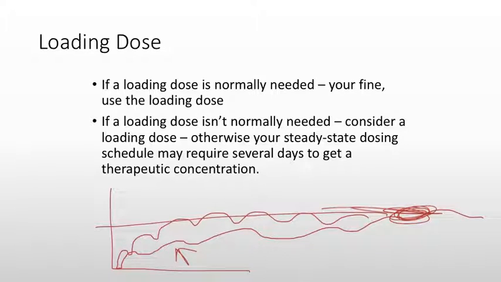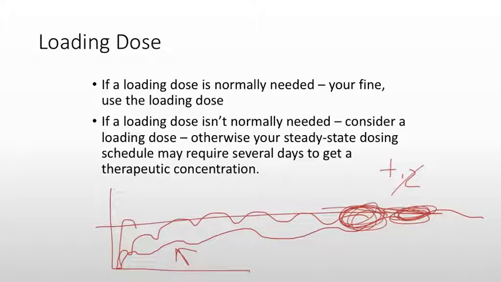We've already said you've altered the clearance, so our half-life of the drug is altered. Everything is altered, so you might have increased the half-life to such a point that it will take you way too long to get to a therapeutic dose if you're starting out on a new drug during renal failure. And so even whenever there isn't a loading dose, you will probably have to have a loading dose with renal failure.